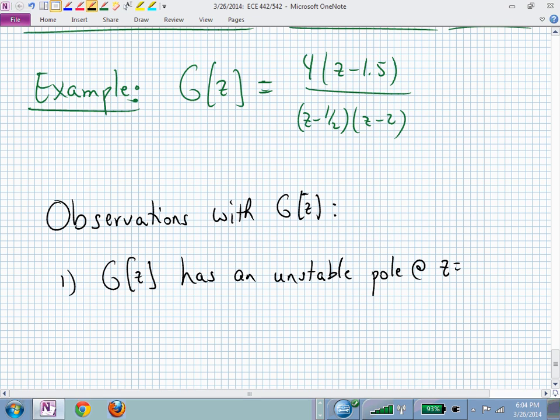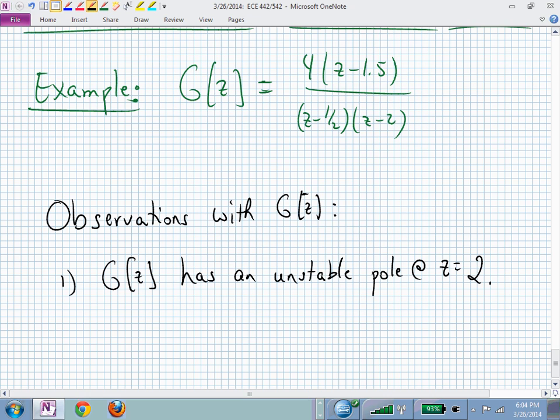Where's your unstable pole? It's outside the unit circle. And it's in the denominator, right? Poles are downstairs. So you have an unstable pole, and it's at 2. You have a stable pole. Does that mean you're halfway stable?